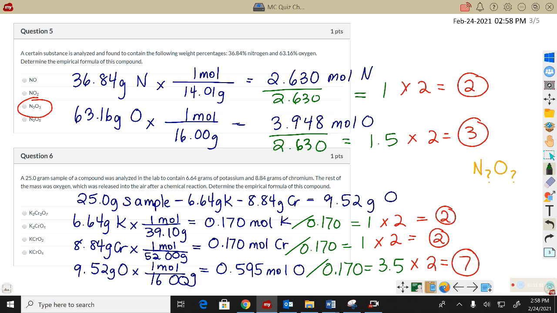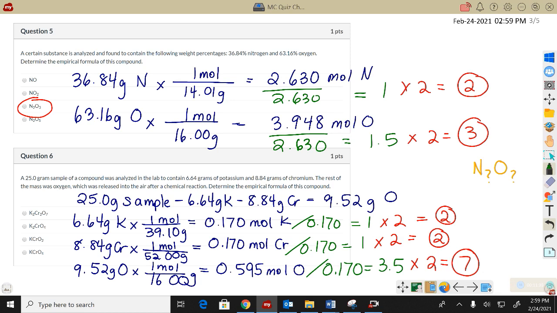We're going to do the same kinds of calculations, but we've just been given a little bit different data. Now we're given grams, like somebody measured masses in the lab. They had a 25-gram sample of a compound analyzed in the lab. It had 6.64 grams of potassium, 8.84 grams of chromium, and the rest is oxygen.